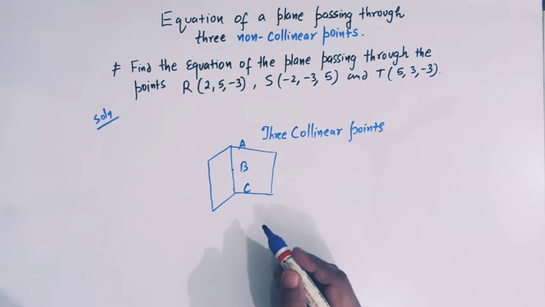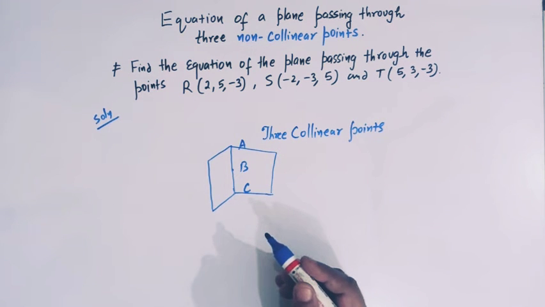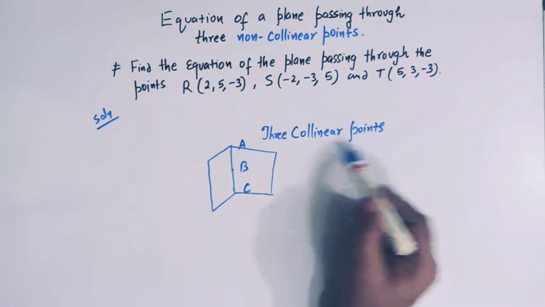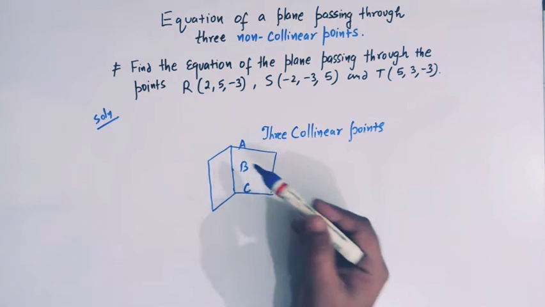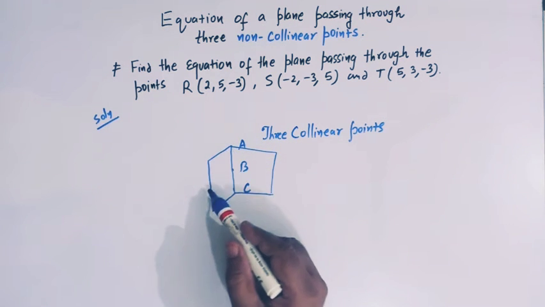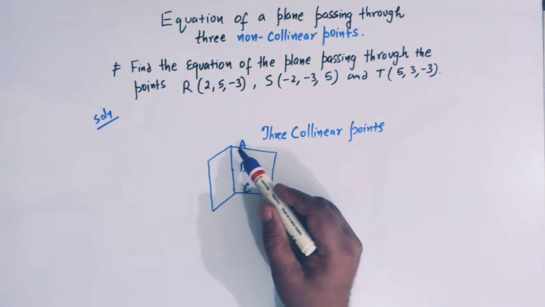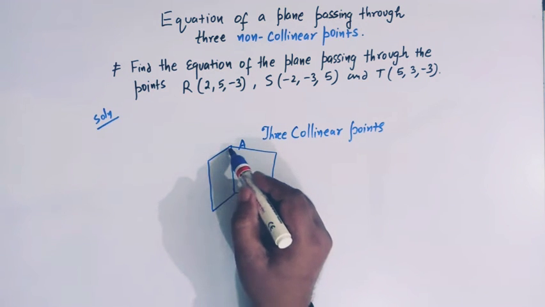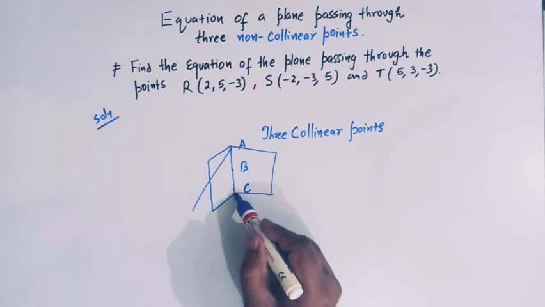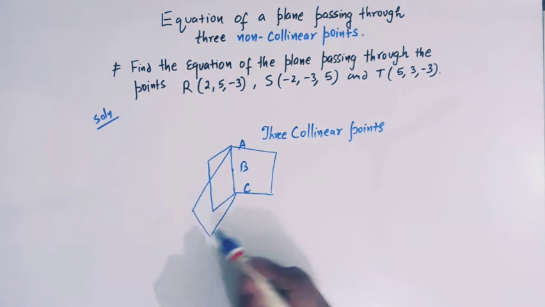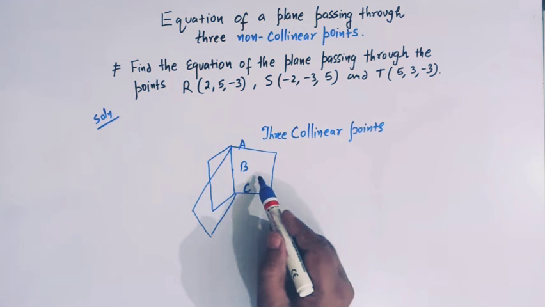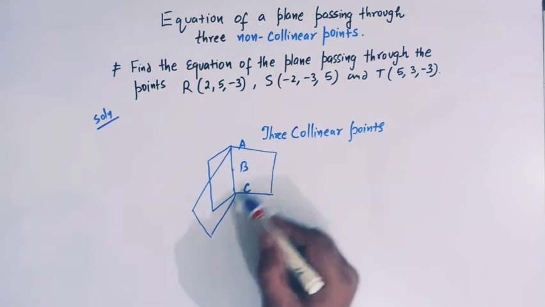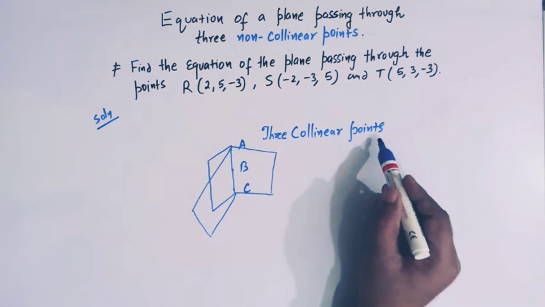So that's why it is necessary to say that the 3 points have to be non-collinear, because if the points are collinear, as in this case, then we have many planes which pass through these 3 collinear points. We can also draw a plane like this, and here we have drawn 3 planes which pass through these 3 collinear points.